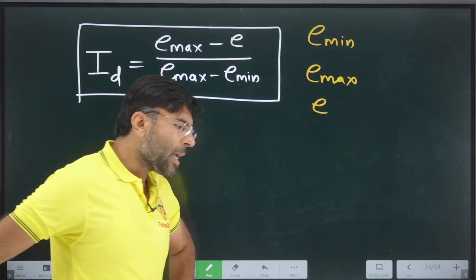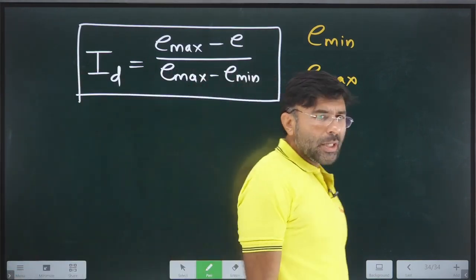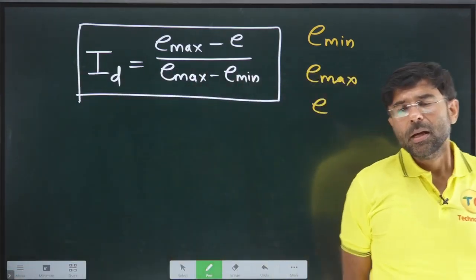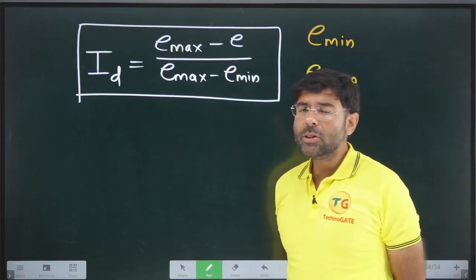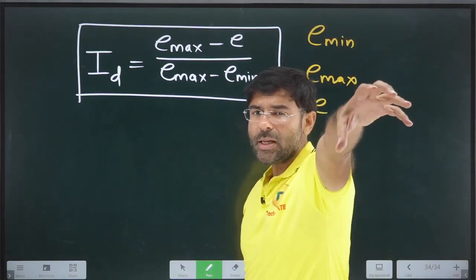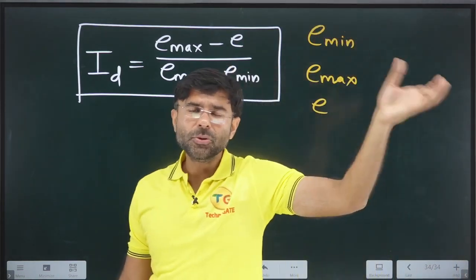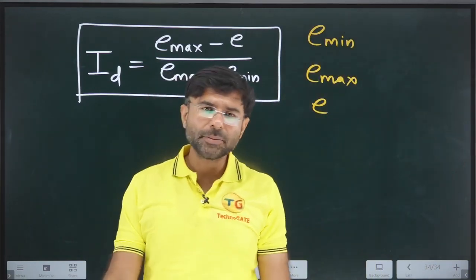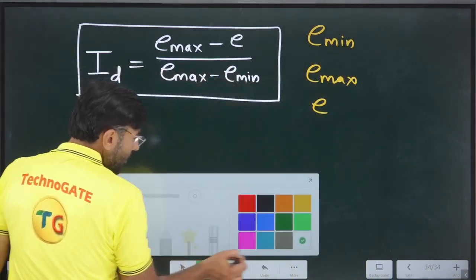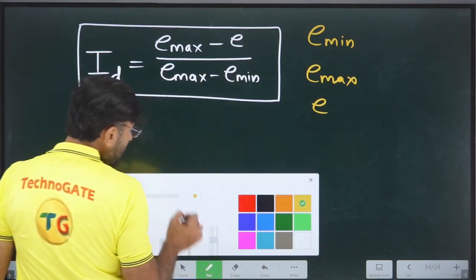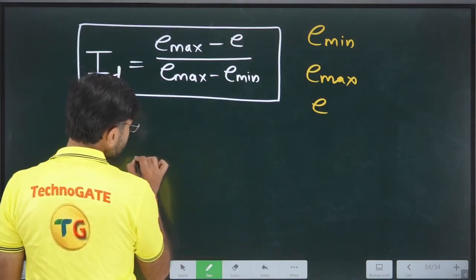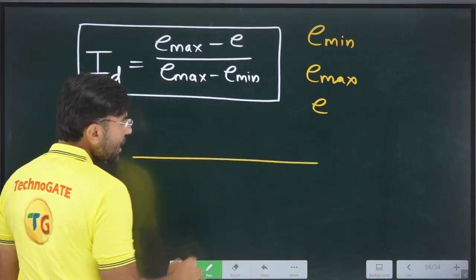See, what I am actually trying to do is compare the void ratio of the natural soil with respect to the void ratio under the densest and loosest condition. See, simple mathematics. Suppose this is a number line.